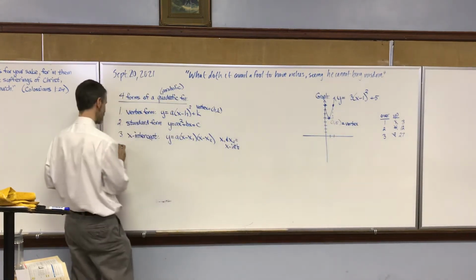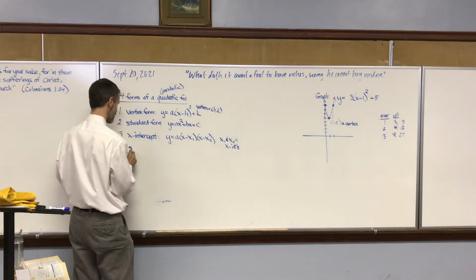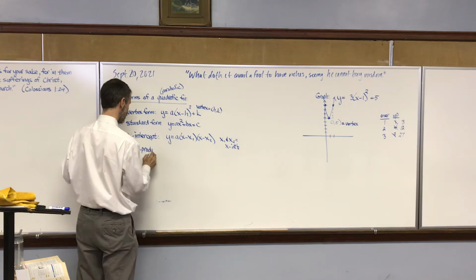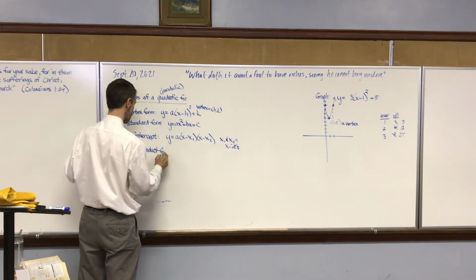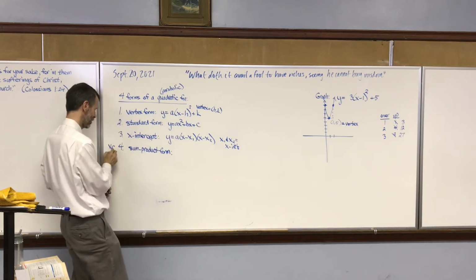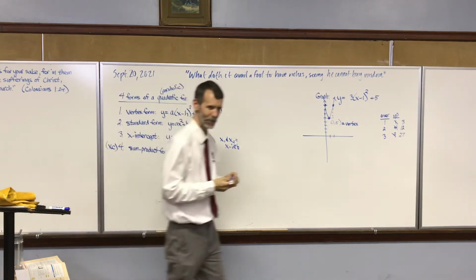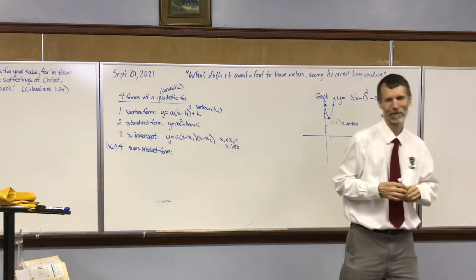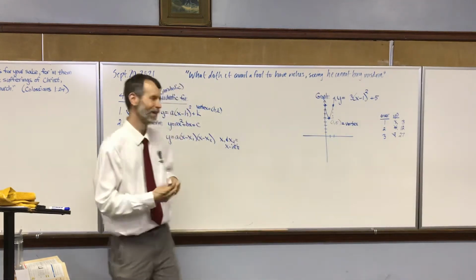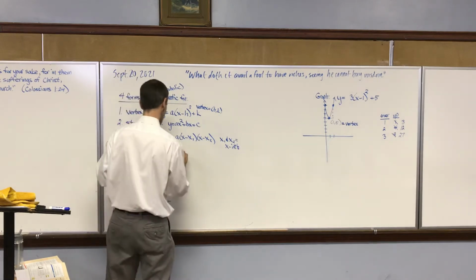The fourth, which is very rare, is called sum product form. And I'll tell you right now, this is an extra credit potential on the test, if you know this. Sum product form, we'll eventually use it for real, but this time it's a good extra credit opportunity.